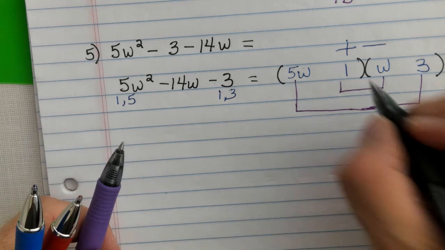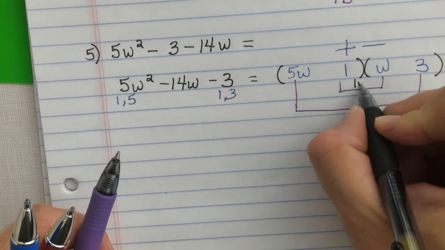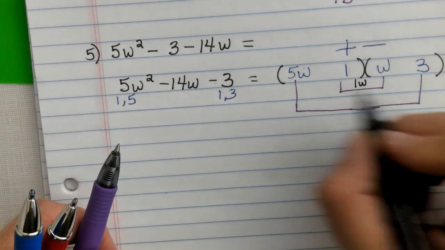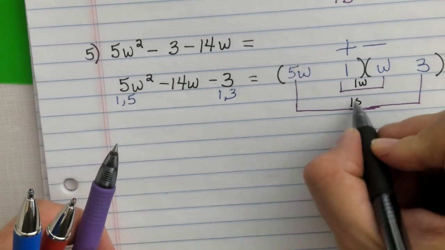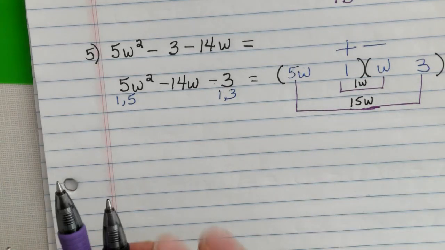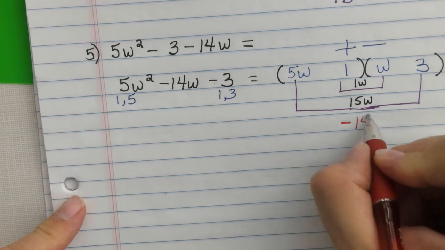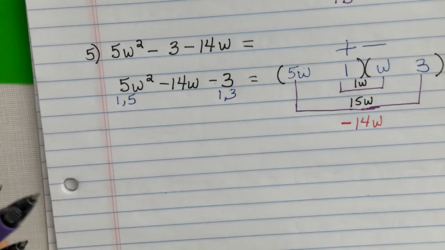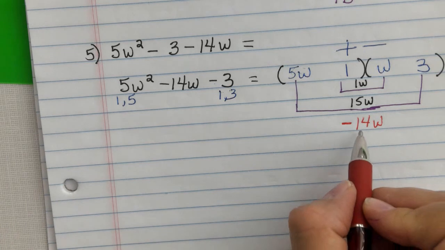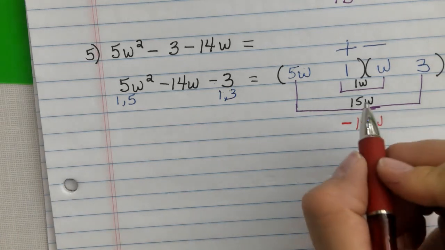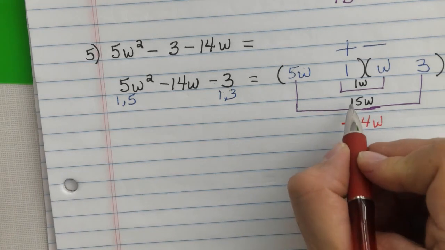Oh, wow. So, let's see. I'd have a 1w for the inner, and the outer is 15w. If I want a negative 14w, help me with these signs. That would mean which one needs to be negative?